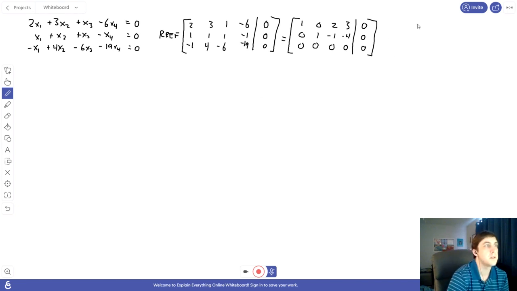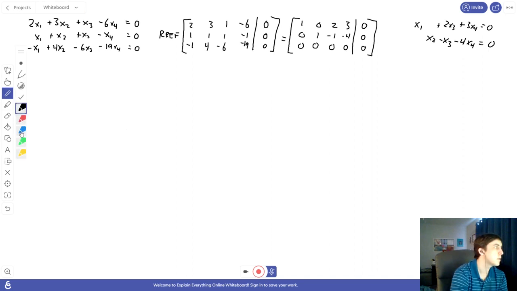So this corresponds to the simpler system x1 plus 2x3 plus 3x4 is 0, and x2 minus x3 minus 4x4 is equal to 0.